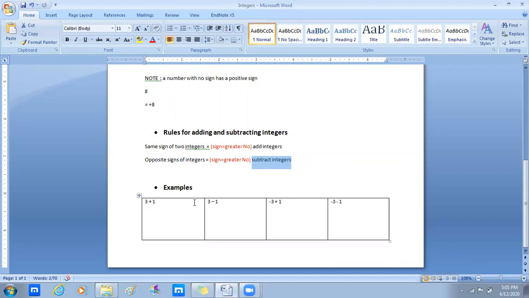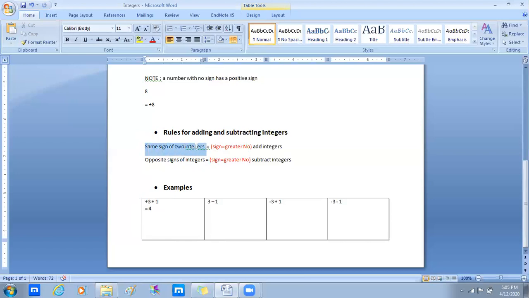So now move on to a few examples. The first example is 3 plus 1. It's quite understood to you people, that is 3 plus 1 is 4. Here in this case 3 does not have any sign. So what does it mean? It means that it is plus 3 and plus 1. So both the integers have the same sign.